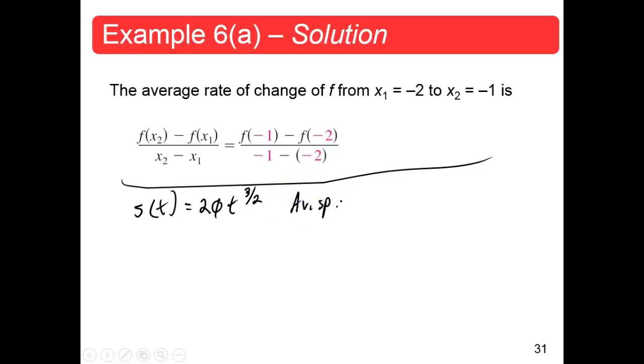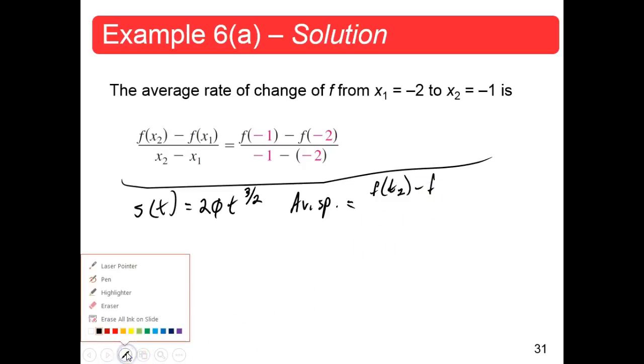All right. We're looking for the average speed of the car. Now, average speed, average rate of change. What's the formula for that? F of T2, okay, except now, I forgot this. On this problem, we don't have F, we have S. So let's just get that written as S's here rather than F's.